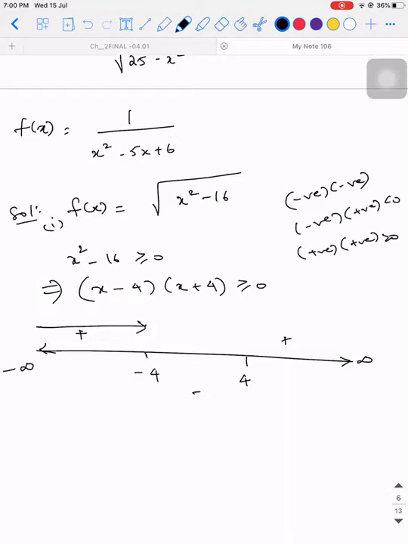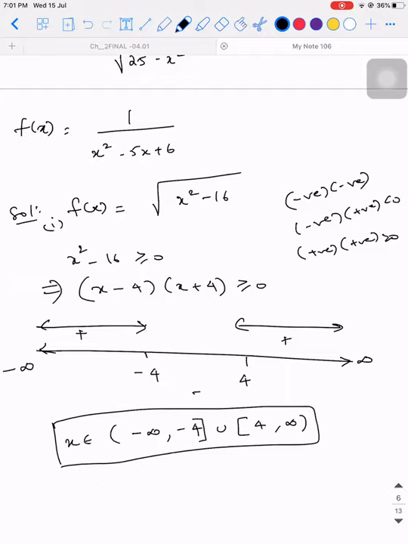So what are all the values of x for which it is positive? Minus infinity, bracket minus 4, closed or open? Closed, sir. Closed, union, closed bracket 4 to infinity open. That's it. This is how you solve the problems.